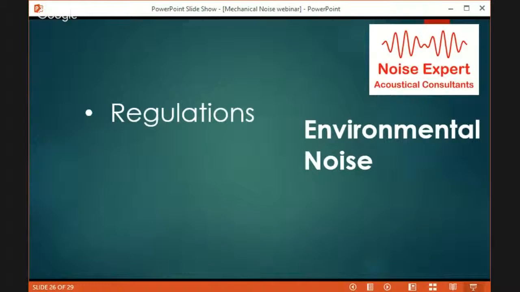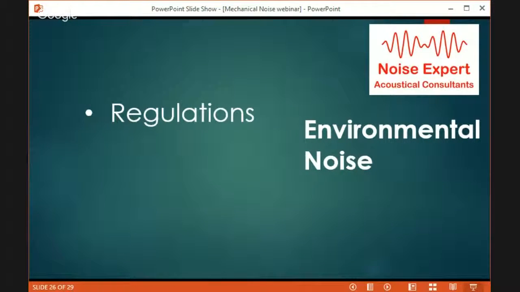Flagstaff is if it's audible, which audible is a tough one. There's a bunch of them that are just if it's a nuisance, which again, it's a fun one when you're in court. And so that's what we see with Tucson having such a high level. They don't have an average limit. They just have it can't exceed this higher limit.